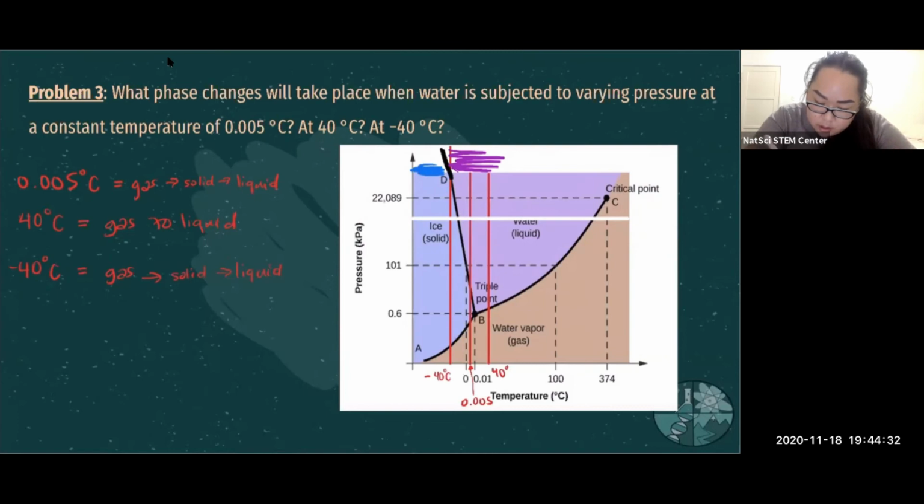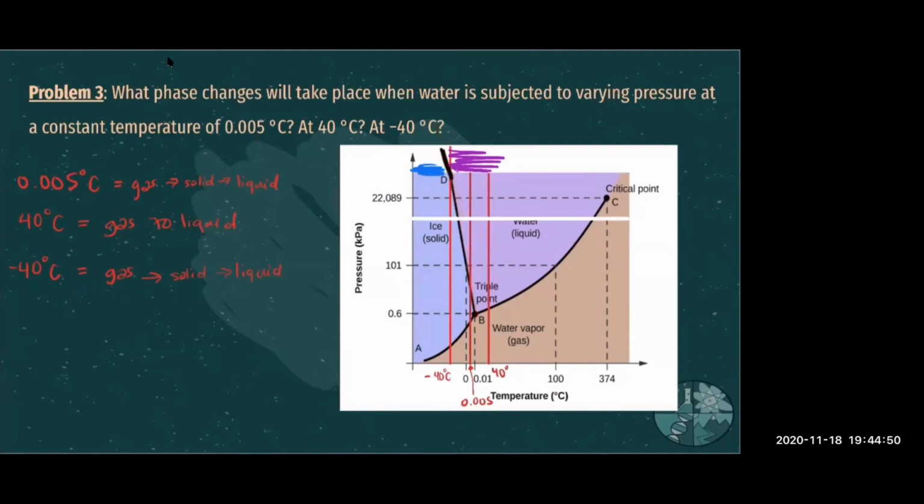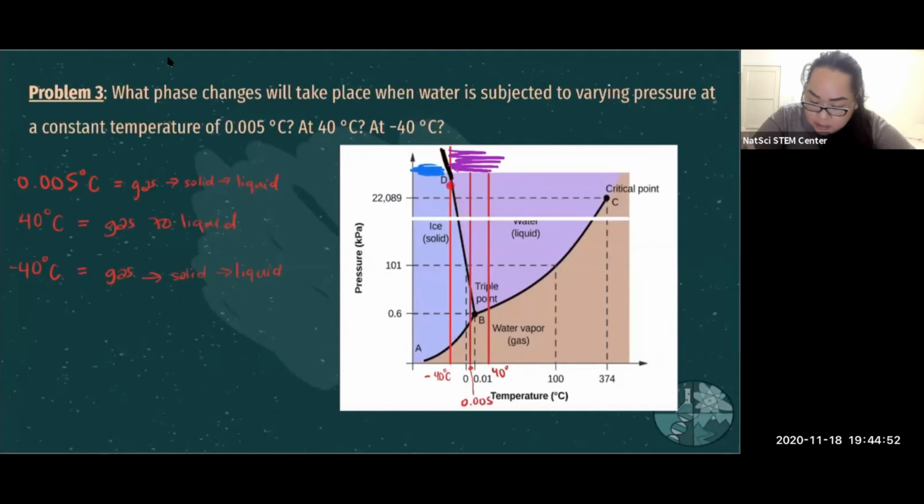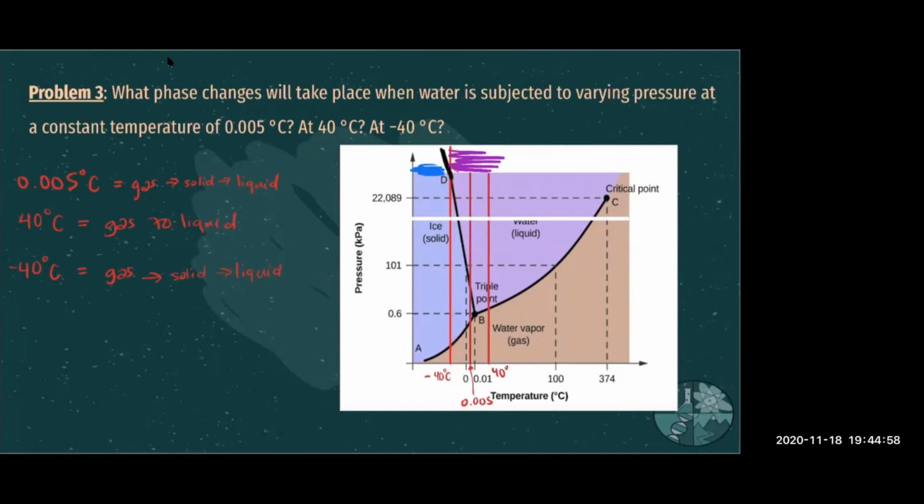So here I continue to draw the black line for it to continue, and what you'll see is it goes inwards. So it's going to make the solid part smaller as the pressure increases. So if you continue this straight line like we do here, from 40 degrees, -40, it will go into the liquid.